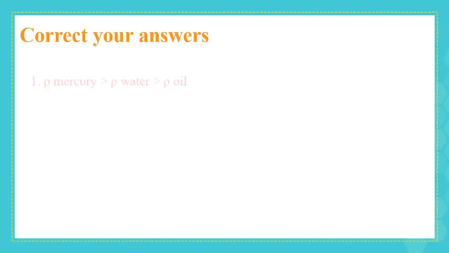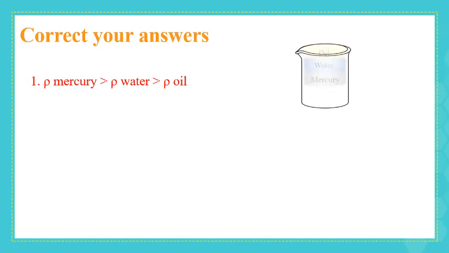Let's correct your answers. Number 1, the density of mercury is greater than the density of water and the density of water is greater than the density of oil. So the mercury must be at the bottom, then the water, then the oil floats on the surface of the water.